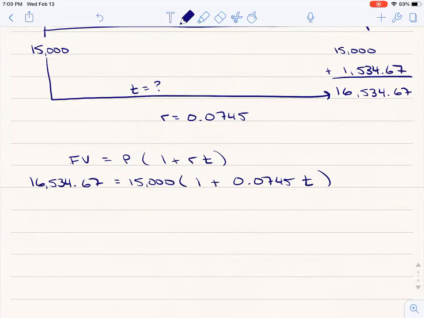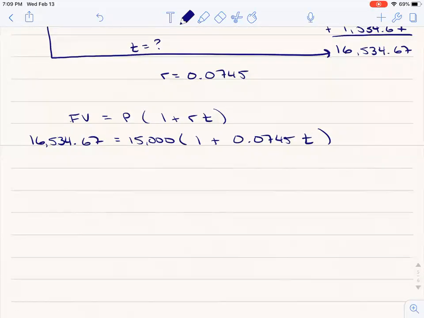We're going to divide both sides by 15,000. So we've got 16,534.67 divided by 15,000. As a little stopping point here, I get 1.102311333 is 1 plus 0.0745 t.